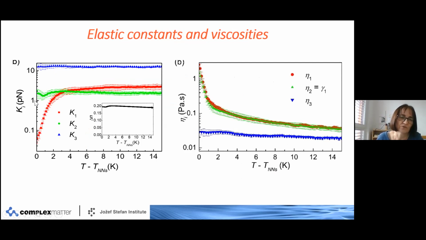I'm talking about orders of magnitude. Note that this scale here is logarithmic. This clearly shows that the splay fluctuations are those which destabilize the uniform nematic phase at the phase transition. We have also observed that the orientational viscosity gamma 1 exhibits divergent behavior close to the phase transition. So this is the first remarkable thing observed at this transition, this instability toward splay deformation.